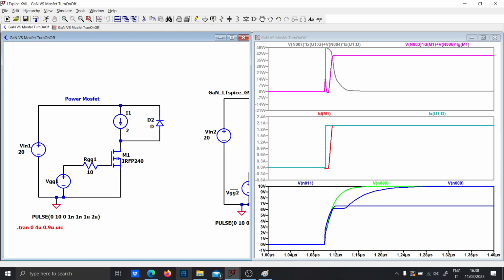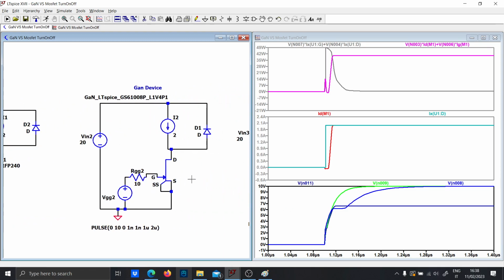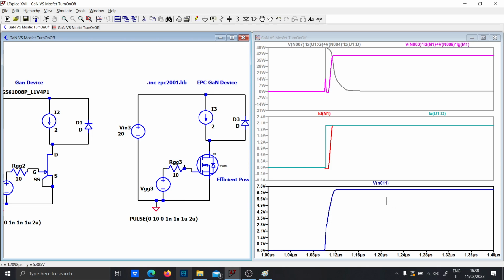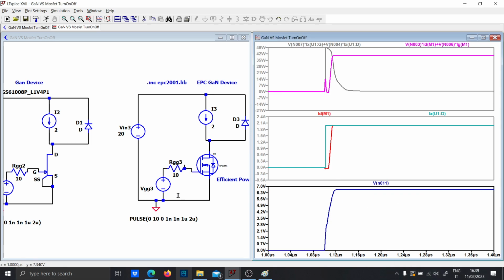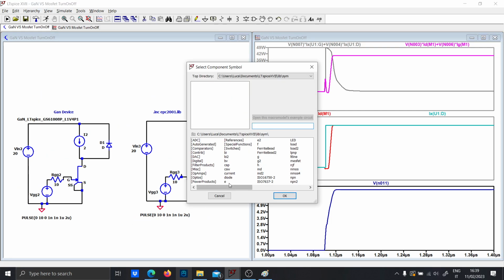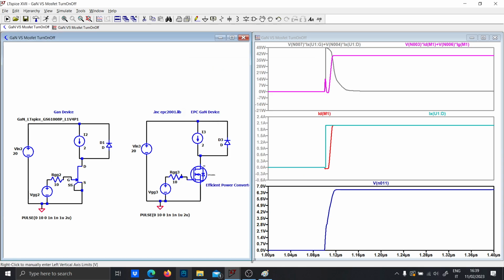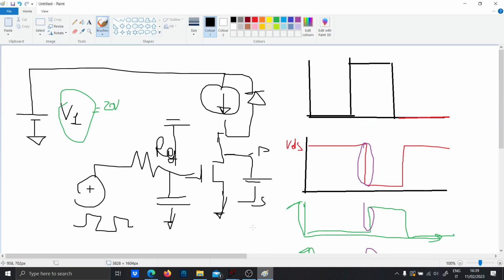And don't take for granted that a MOSFET will be so fast, because if you analyze the turn on of this MOSFET, it will be just 24 nanoseconds with a gate resistor, which is very fast. Yeah, so that's basically it.